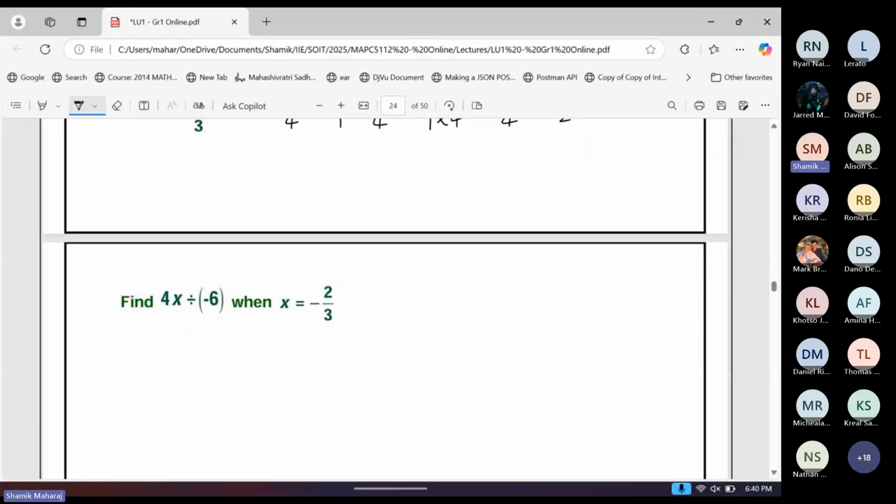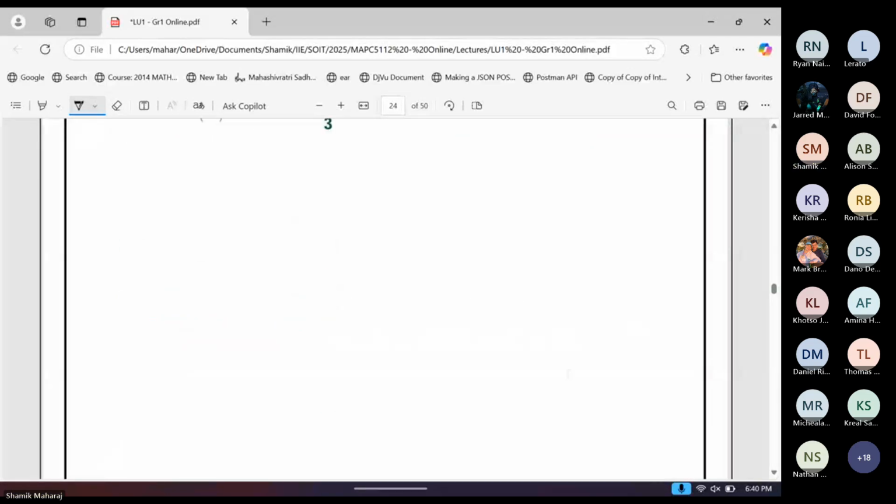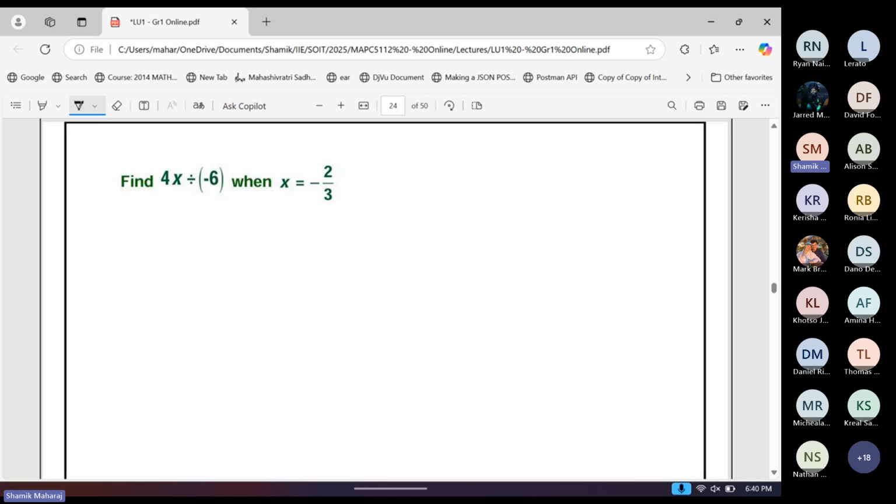Okay, let's see another example. It's an evaluation example. Very similar, but again, examples are better than going over notes. So let's look at an example. Find 4x divided by -6 when x is equal to -2/3. So first we need to substitute and make this into a problem that's easier to digest.